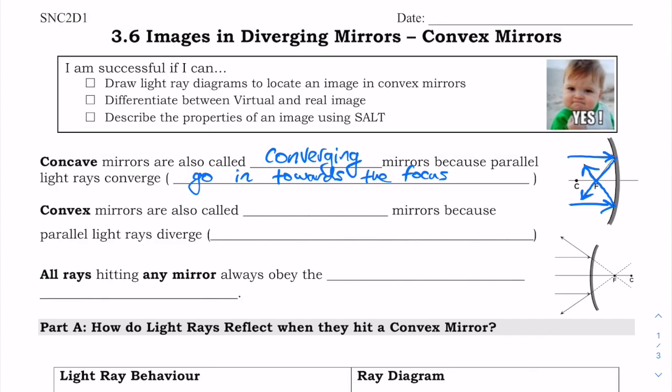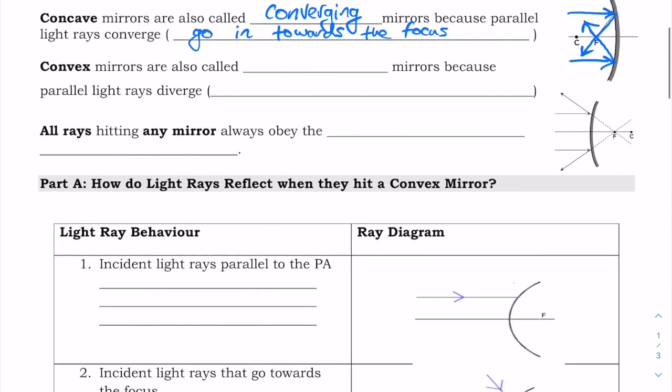Convex mirrors do the opposite. These mirrors are also known as diverging mirrors. And the reason being, this type of mirror causes parallel rays of light to diverge or basically reflect away from the focus. We can see this in the picture to the right.